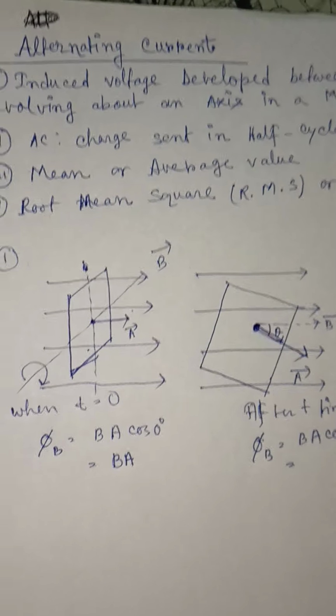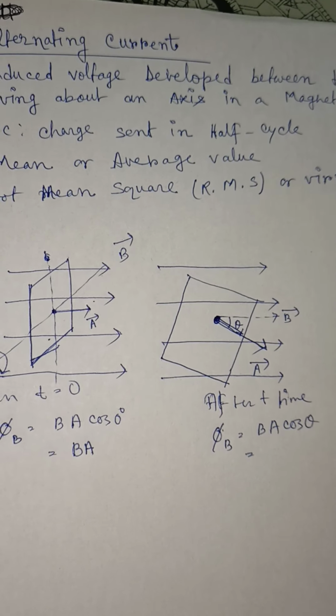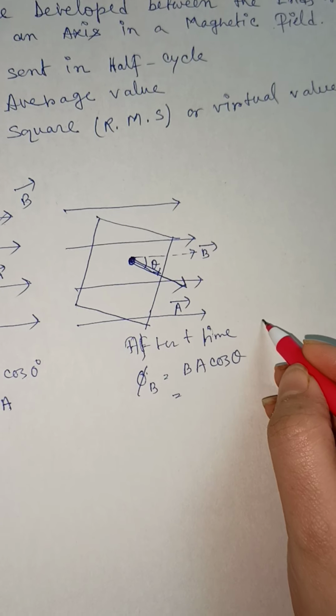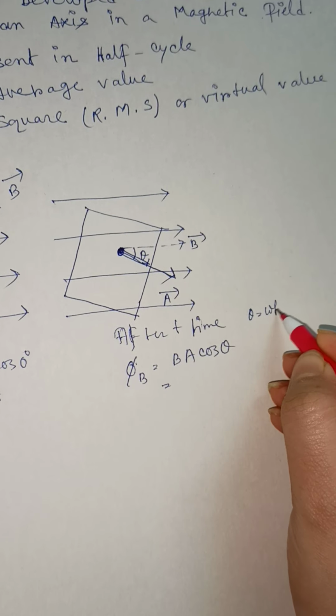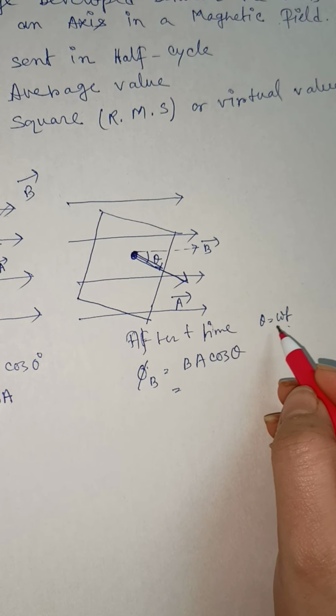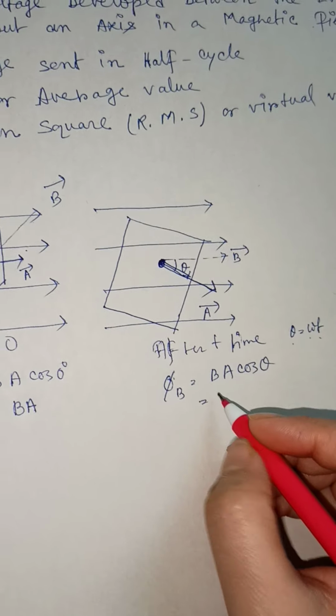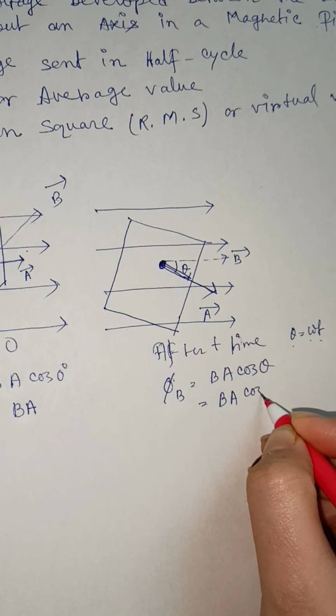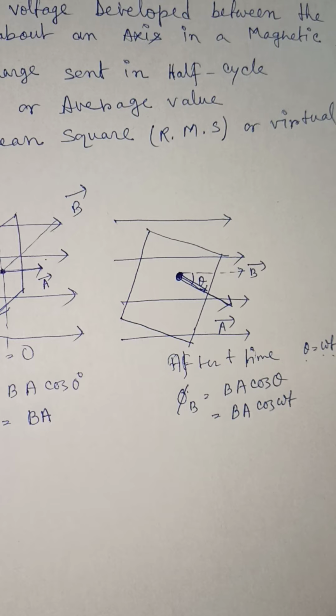Suppose the angular velocity of this loop is omega. If the angular velocity of this loop is omega, then theta equals omega t, right? Because this is the angular velocity, and after t time the angular displacement is theta. So we can write here BA cos omega t.